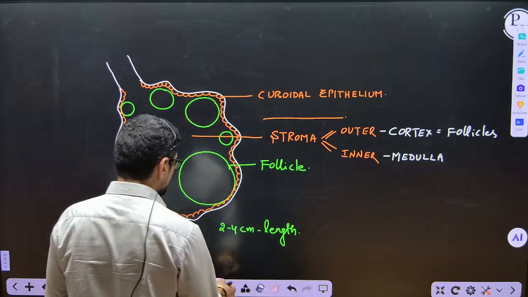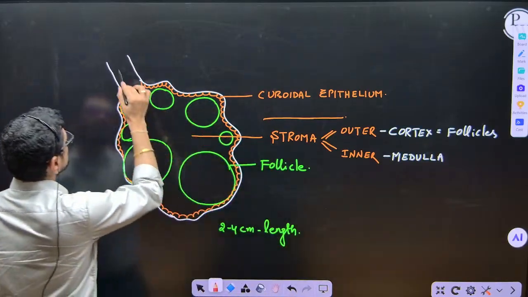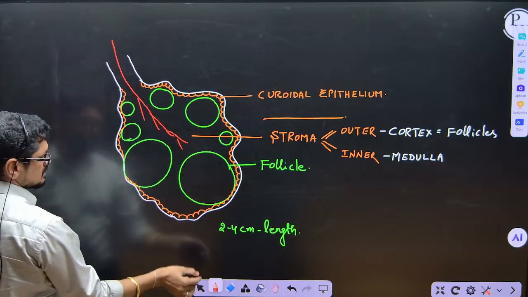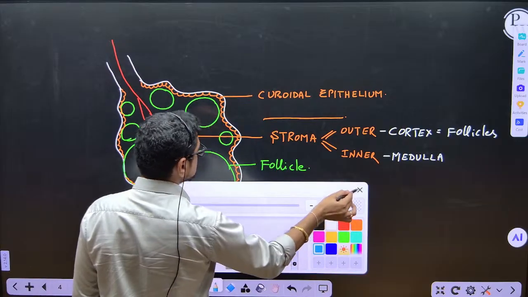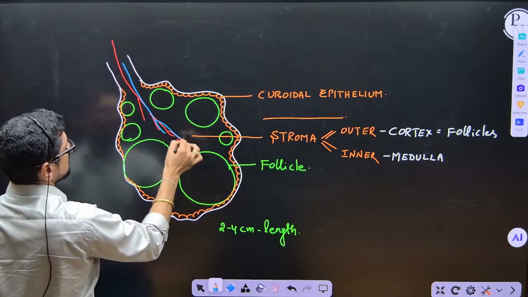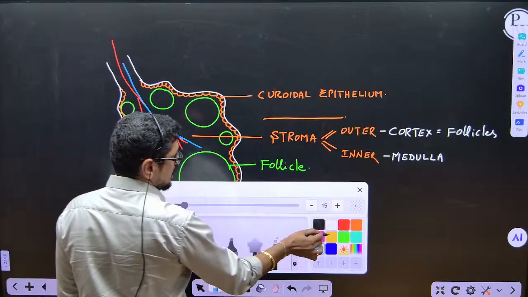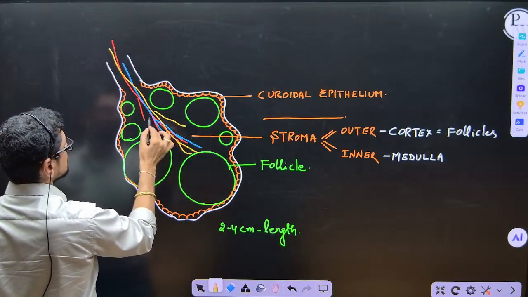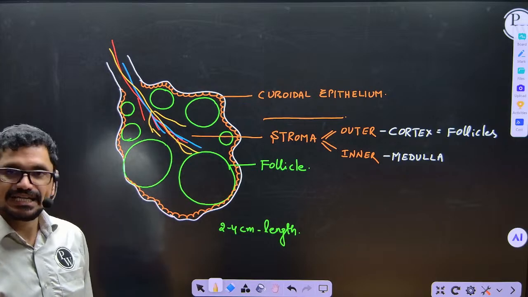Then what is there in the medulla? See now the blood vessels. Like this, blood vessels are there. Not only arteries, but veins are also there. I am representing the veins in blue color. And lymph vessels are also there. I will try to represent the lymph in yellow color, because they are present like that only.